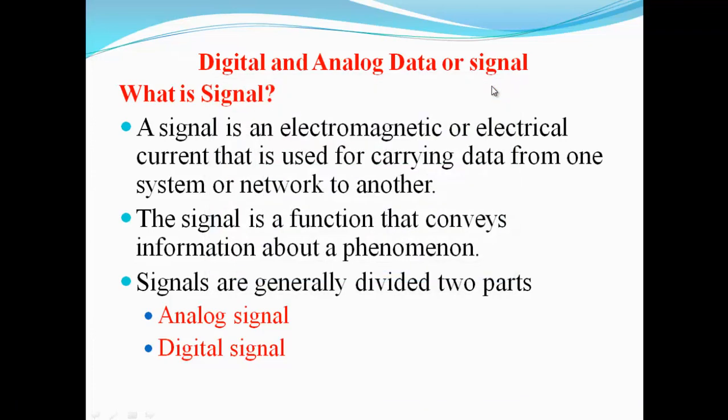The communication channel is nothing but one type of medium. Signals are mainly used to carry data from one place to another place. So again, a signal is one kind of light wave signal.